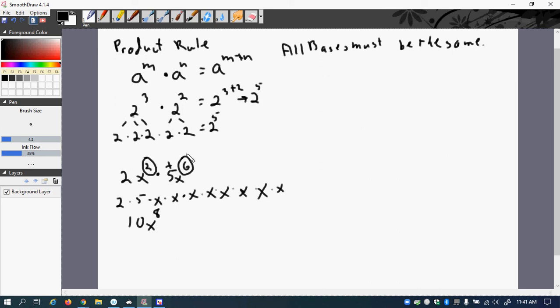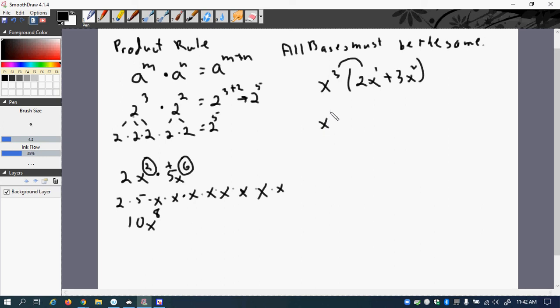We can do that also for a more expanded one. Let's say it's got some distributing in it. Let's say it's x to the third, and it's multiplied by 2x plus 3x squared. So I can't add these together because they're not like terms, because this has 2 x's and this only has 1. But I can go ahead and multiply.